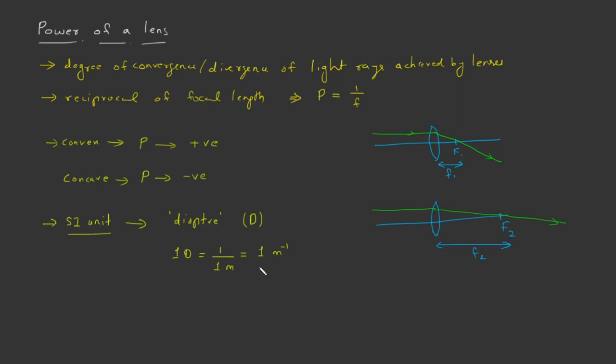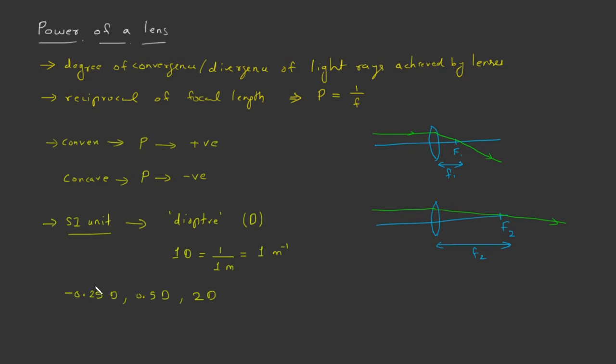You may be familiar with the corrective lenses for eyes prescribed by opticians. It may have powers minus 0.25 diopter, 0.5 diopter, 2 diopter, like that. For minus 0.25 diopter, what does this minus mean? It simply means it is a concave lens.